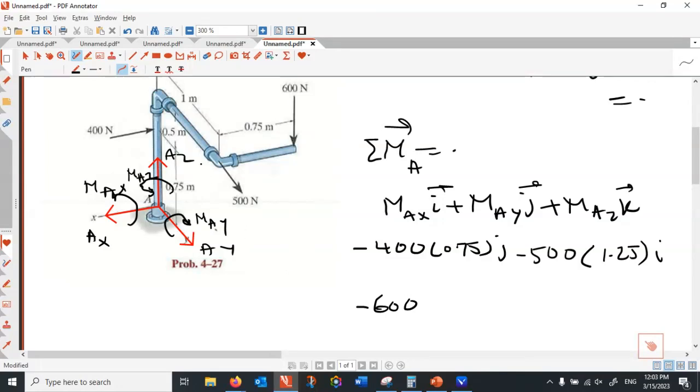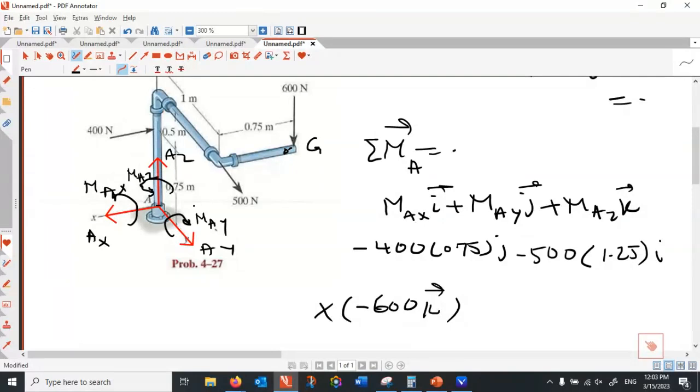And well, that is not easy. You have to bring it in 2 steps. First, I need to bring that to here. Maybe with 600, I do it with the vector notation. So that is minus 600K pre-multiplied by the position vector, the position vector of A to this point.